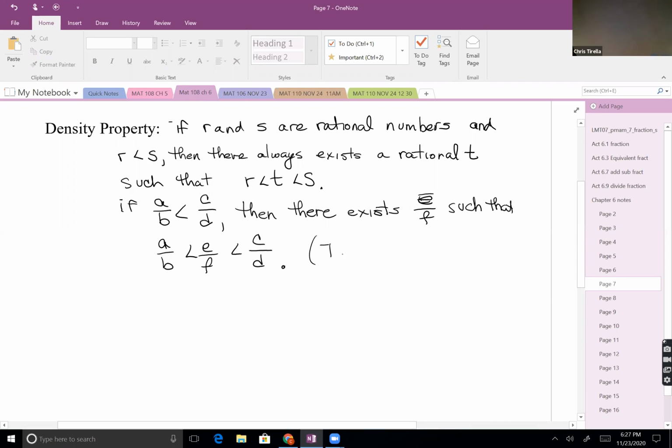So there is always a fraction between two fractions.